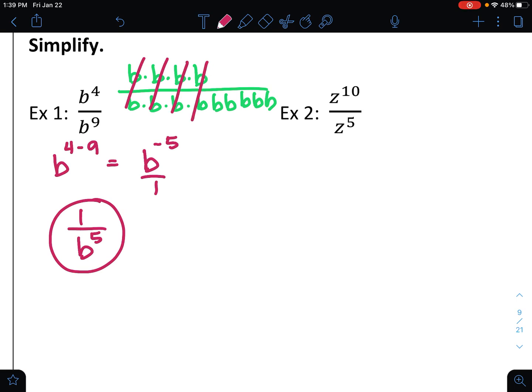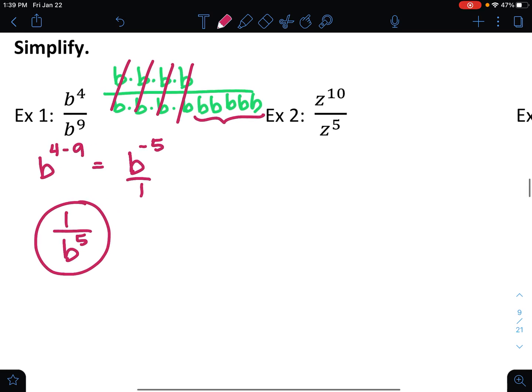Those are gone. Those are gone. Those are gone. So it looks like nothing is left on the top, but it's really a 1. Look how many are left on the bottom. 1, 2, 3, 4, 5. Okay, so take a look at what we got down here. 1 over b to the 5th. Okay, so think of it like a canceling method, or we're going to subtract powers.